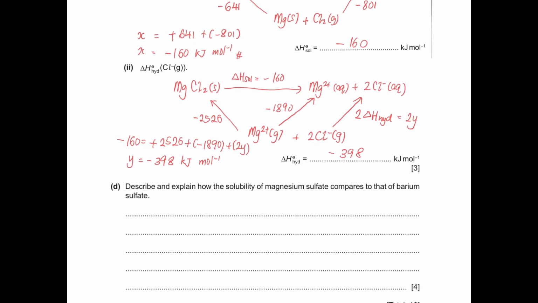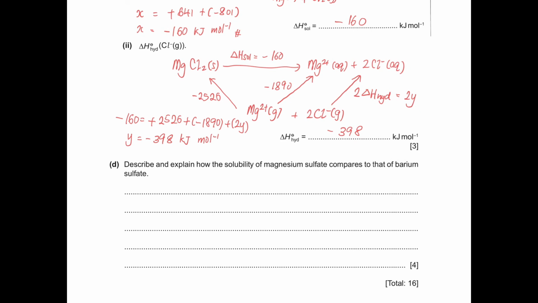So let us move on to the last part. Describe and explain how the solubility of magnesium sulfate compares to that of barium sulfate. In order to answer these questions for A2 chemistry, they expect you to explain solubility based on the lattice energy and the hydration enthalpy change.